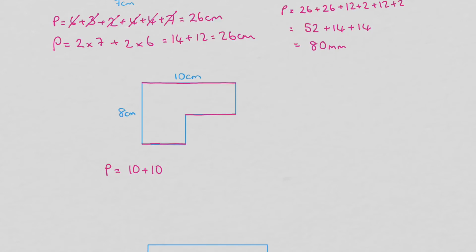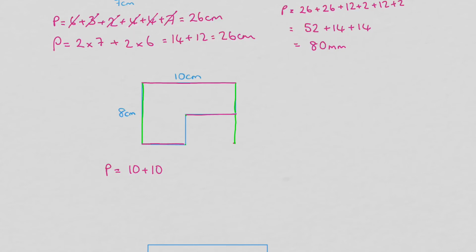And then if we look at the vertical lines, we can see that one's 8. And then we've got the other two vertical lines here. And if we move that line along there, then we can see that the green lines here add up to a total of 8, the same as that one there.